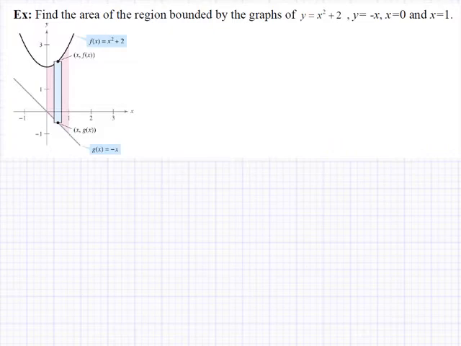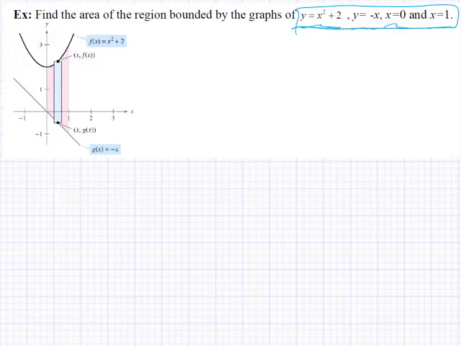So here's a fairly simple example. Find the area of the region bounded by the graphs of y equals x squared plus 2, y equals negative x, x equals 0, and x equals 1. Now, these should all be very easy to draw without using a graphing calculator or some computer graphing system that you found online.